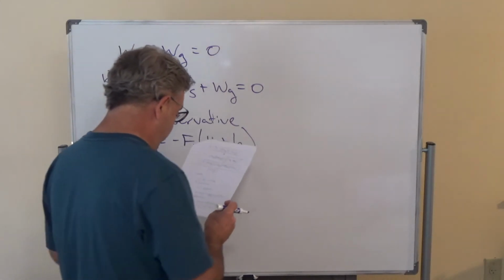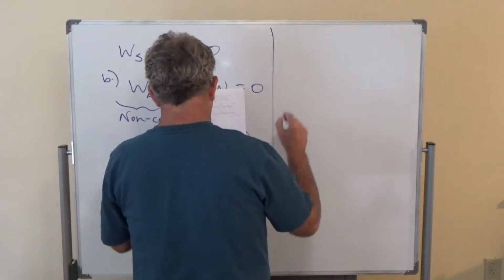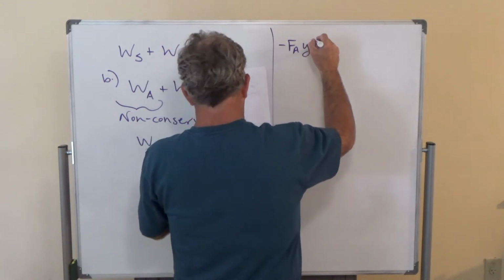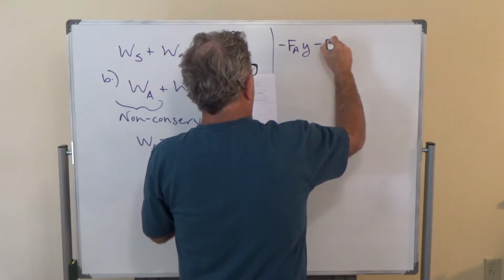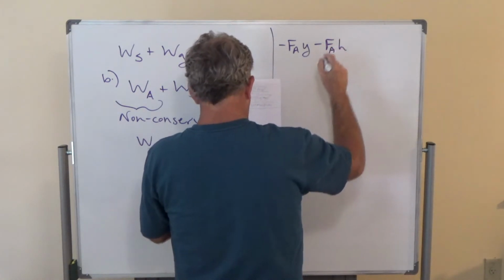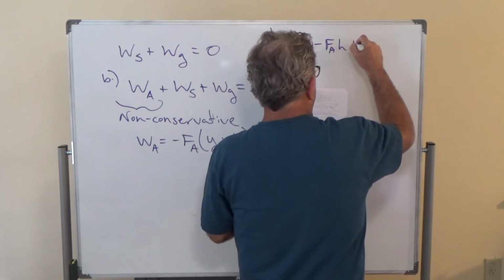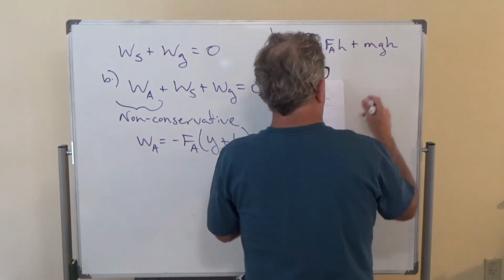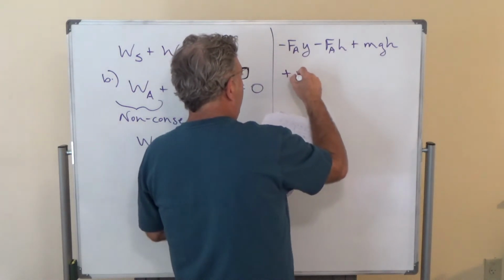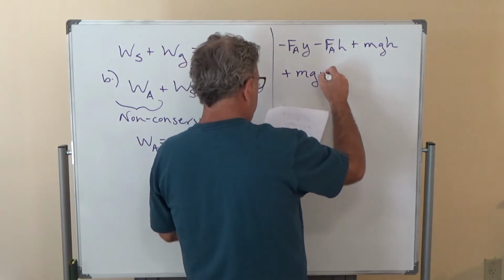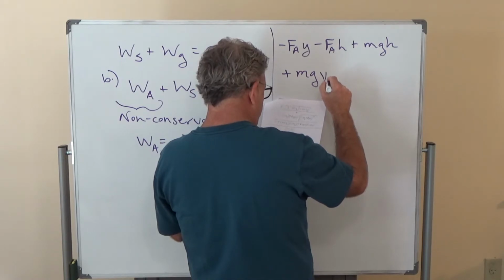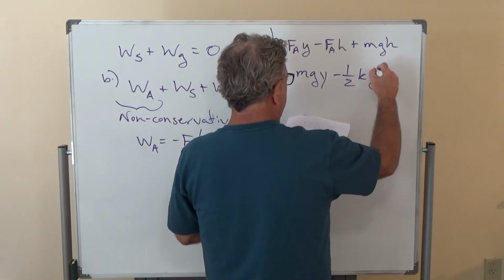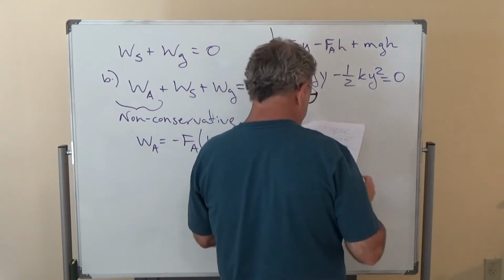So then I got something like this: negative F_A y, minus F_A H, plus mgH, plus mgy, minus 1/2 k y squared is equal to 0.